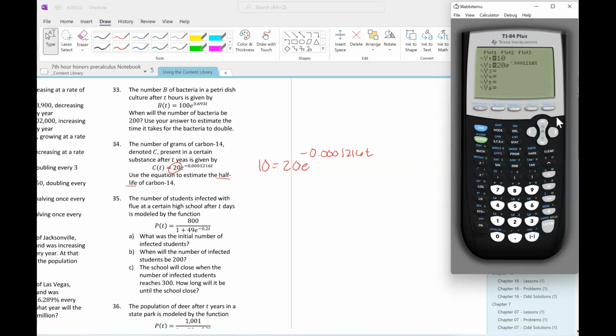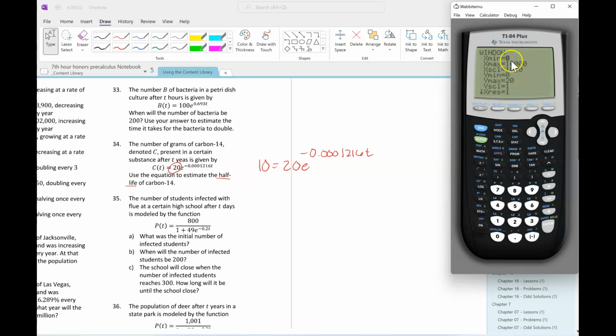So you can figure out how long ago that living material died. And we can carbon date things that are really old. Do you think the half-life is going to be a big value of T or a small value of T? Big, right? Because we can date things that are thousands and thousands of years old. So the half-life should be really long.